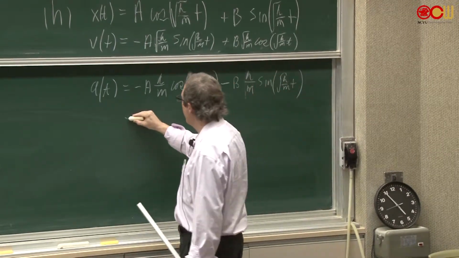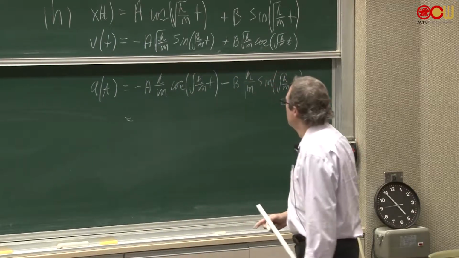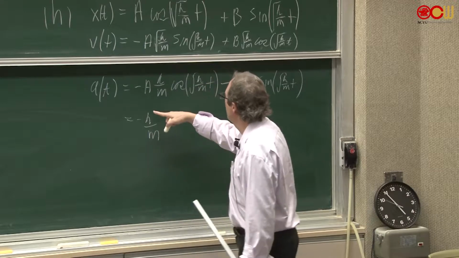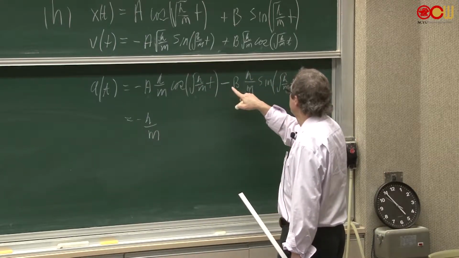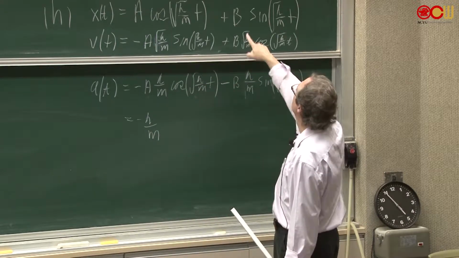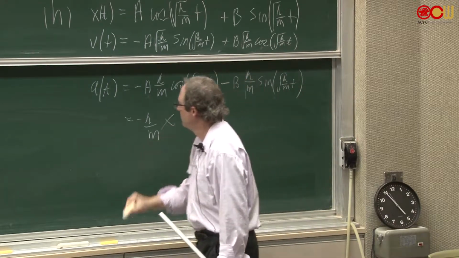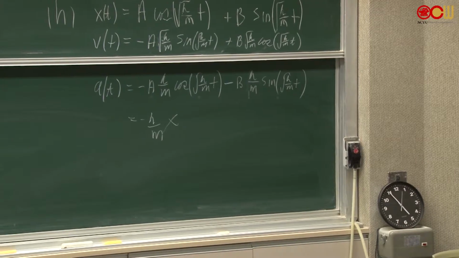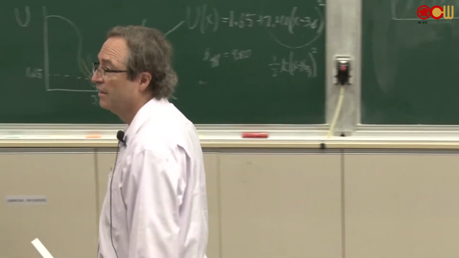And I can factor out minus k over m, and I'm left with a cosine plus b sine. That's what I had before. So it works. So h is good.